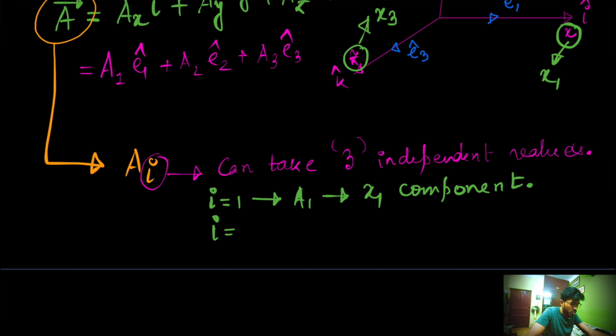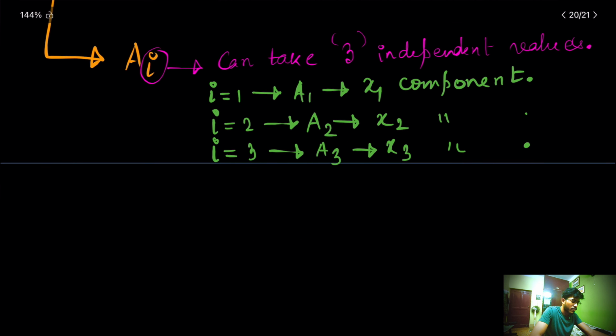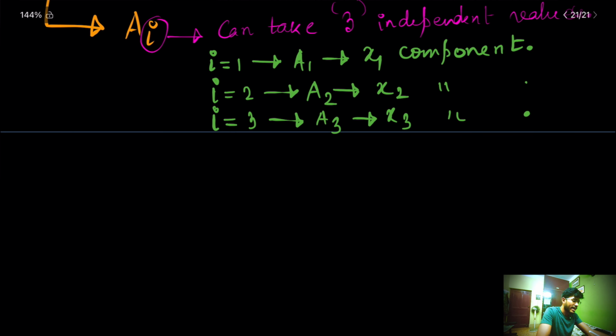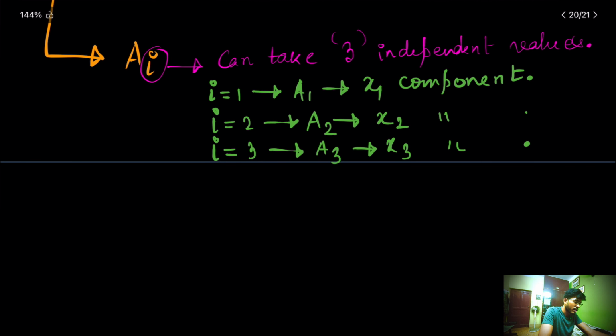For i equals 2, it will denote A2, and that is nothing but the x2 component. For i equals 3, it will denote A3 for the x3 component. Now any index that can take three independent values, that is called a free index.